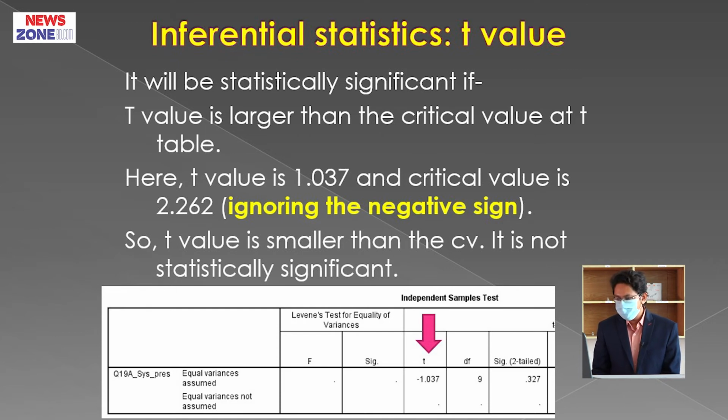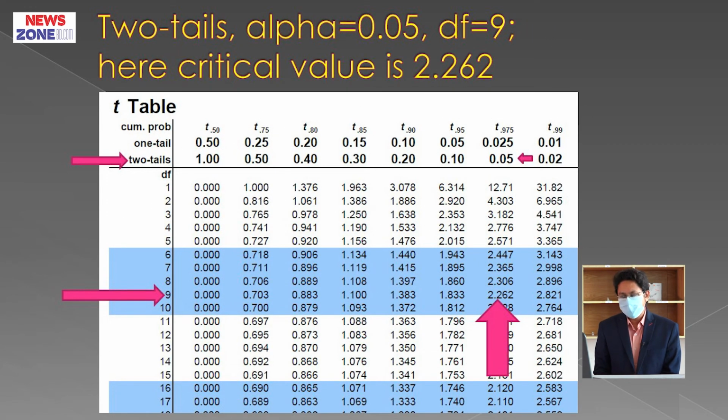Here our t value is minus 1.037, and in the t distribution table we see that in the two tails where the alpha is 0.05 and degree of freedom is 9, as our degree of freedom is 9 showing in our inferential statistics table, we shall look up the critical value where degree of freedom is 9 and alpha is 0.05 and it is two tails.